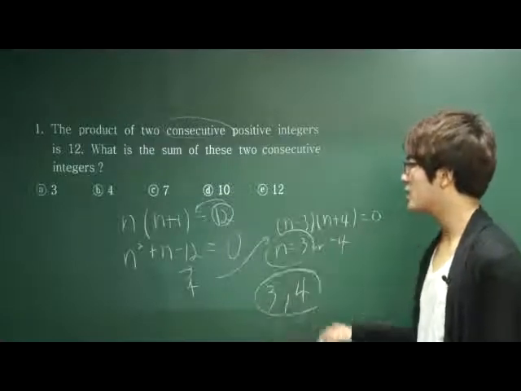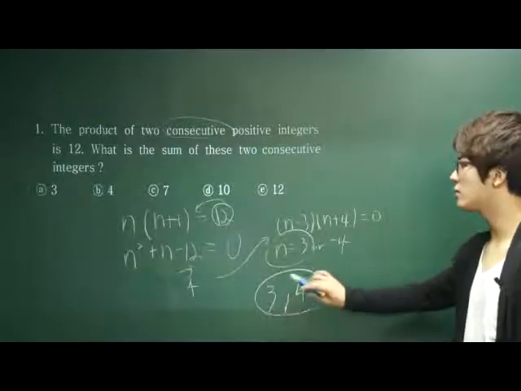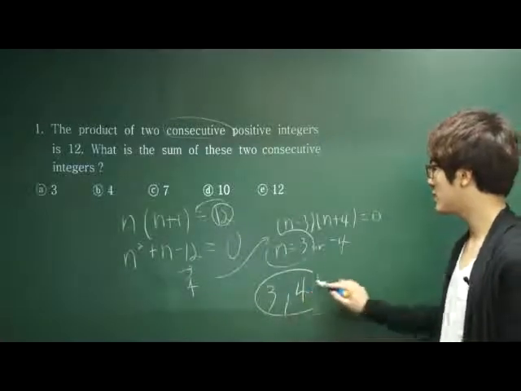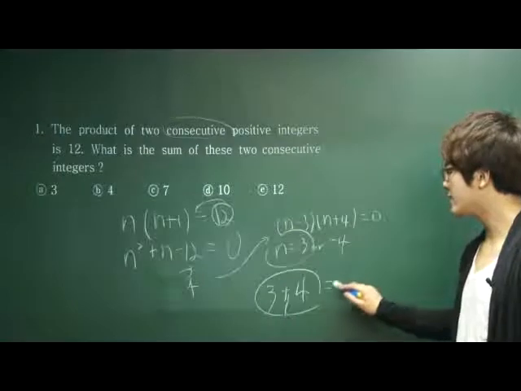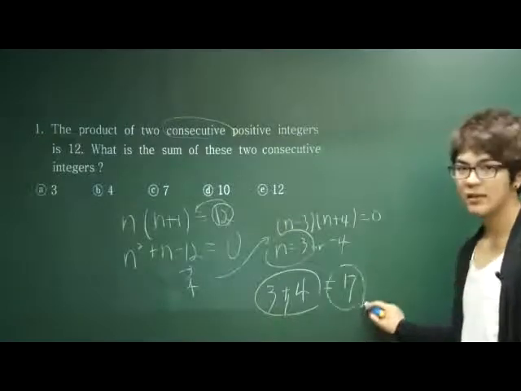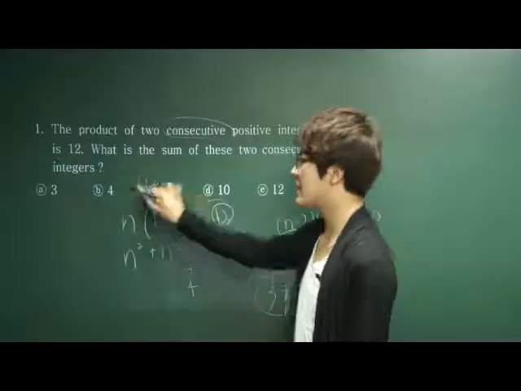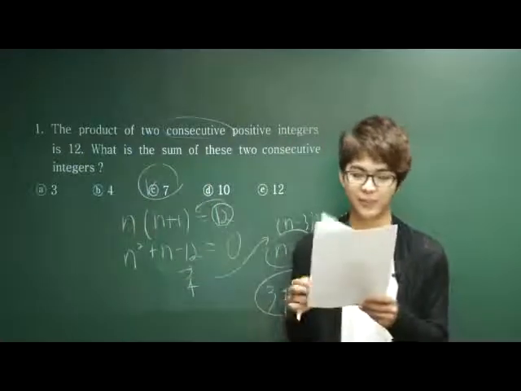Since we are looking for the sum of these two consecutive numbers, 3 plus 4 is equal to 7. So the final answer has to be 7. Among our answer choices, C is the correct answer.